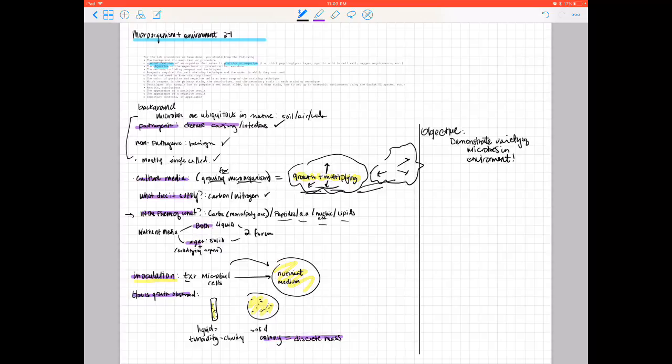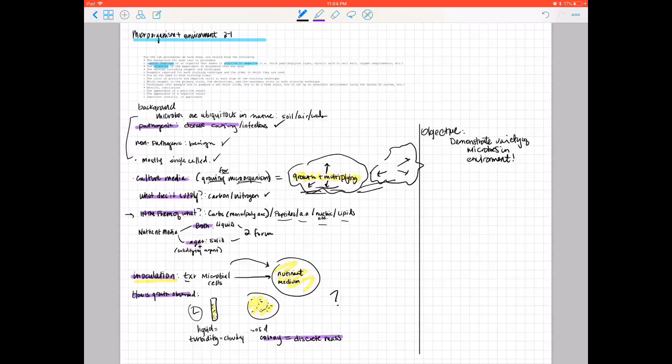And so you might ask, okay, once we transfer, how is growth observed? It's observed in two ways, right? Because I told you we have the broth and the agar, which is the liquid and the solid. If you're looking at the liquid, we're going to look for turbidity.